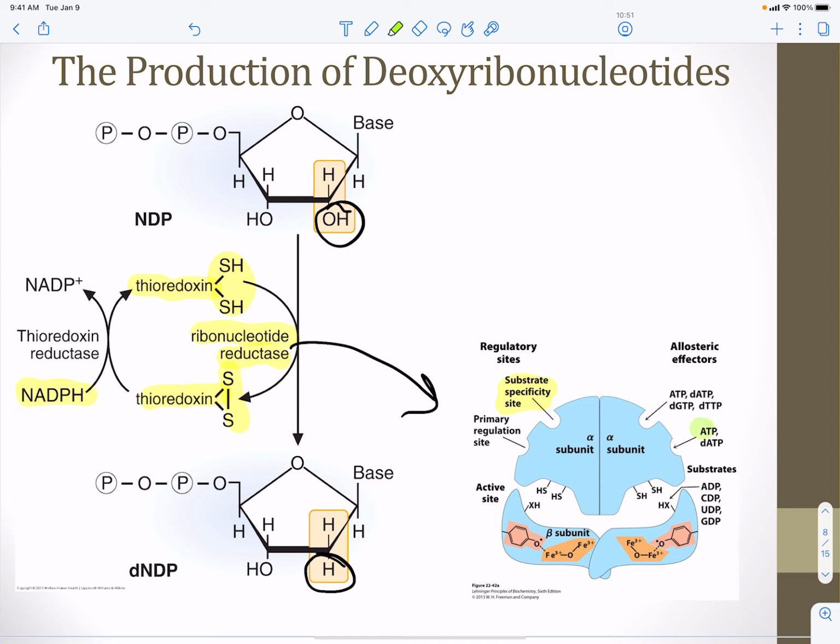So ATP would be a green light, and your deoxy ATP would be the red light, and that makes sense, right? So if you have too much of the deoxy form, you're going to want to stop making deoxyribose. And if you have a lot of ATP in the ribose form, then you want to make deoxyribose.